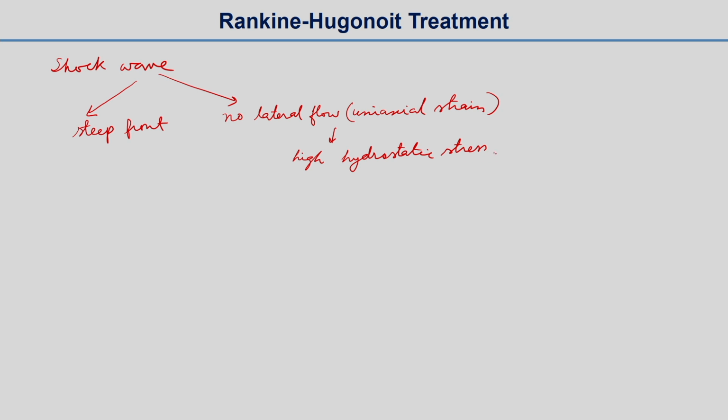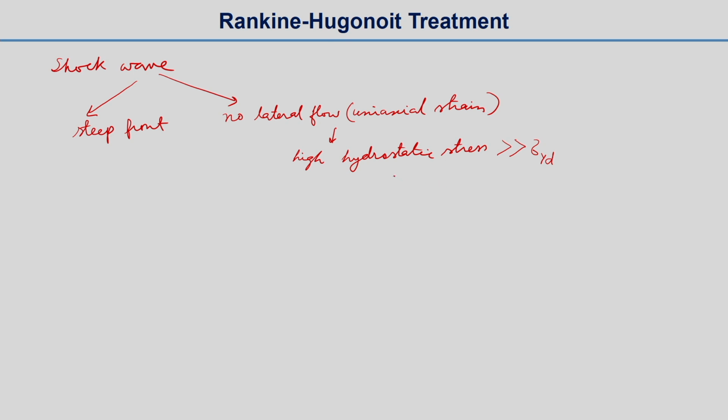If the hydrostatic stress is much higher than the dynamic yield strength, that is, the yield strength at higher strain rate, sigma yd, then the shear stress resistance will be 0.